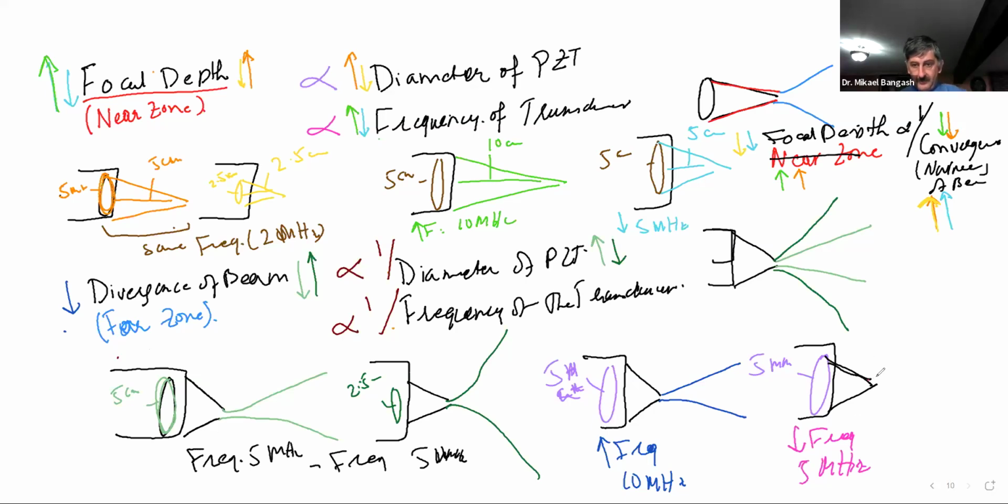Due to the lower frequency, there's going to be a greater divergence. If we put these two side by side, this is our focal point. Higher frequency, less divergence; lower frequency, greater divergence.